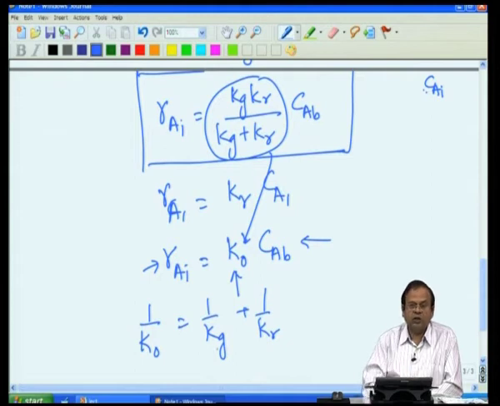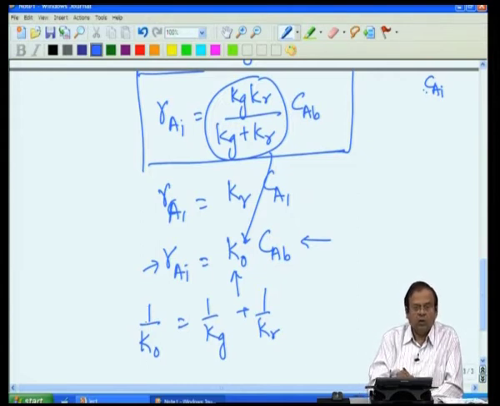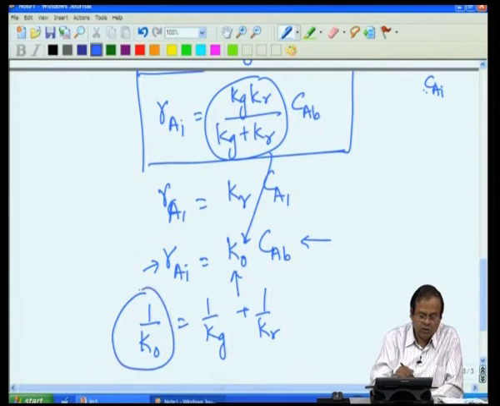This will immediately strike a chord for those of you who remember your electrical engineering lectures: resistances in series, they add up. So, my coefficient, or inverse of coefficient, is like resistance. So, this is the overall resistance, a measure of overall resistance.